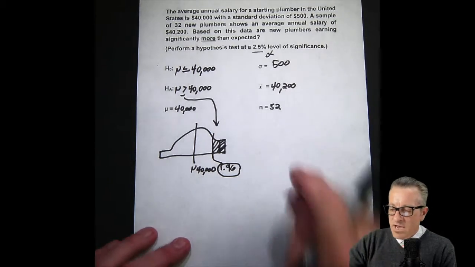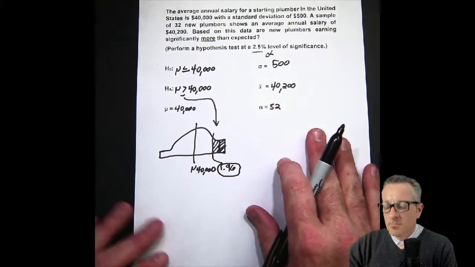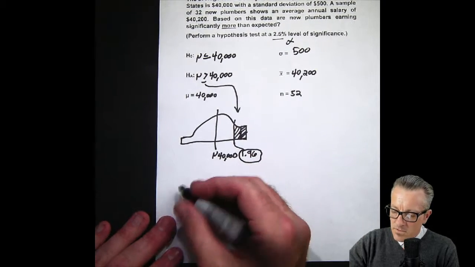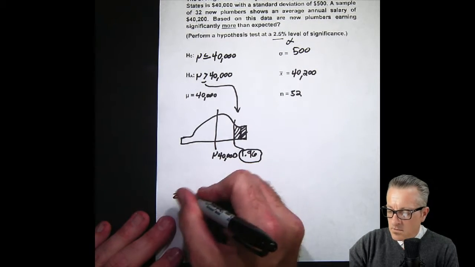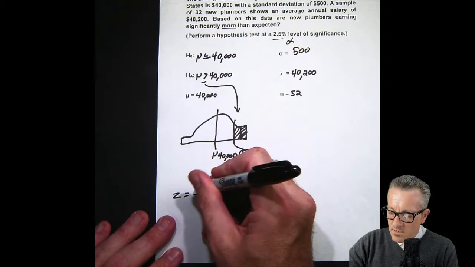Okay. So now let's do the calculation based on our sample data. And we're going to do that like this. Use the Z distribution formula.